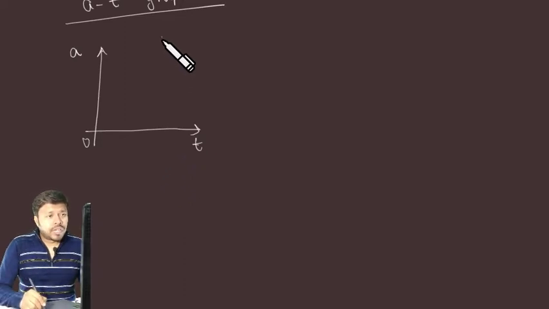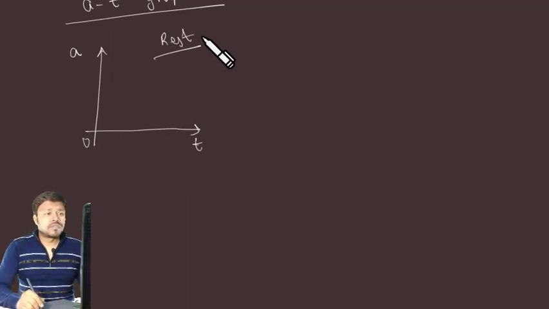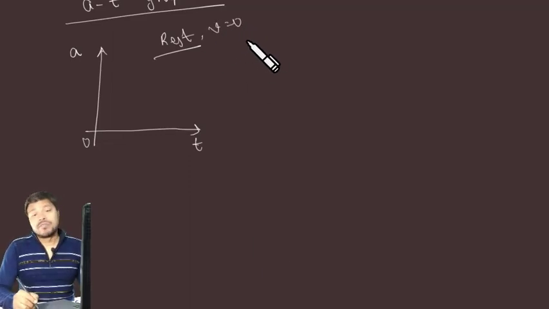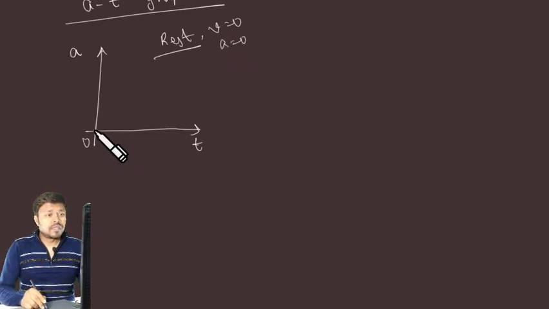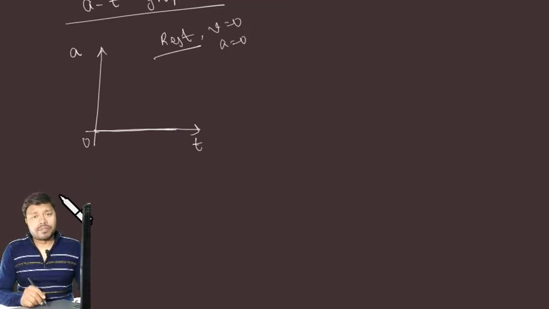For the body at rest, what is its acceleration? Of course, when the body is at rest, v equals to 0. When v equals to 0, a equals to also 0, means again the straight line through the t-axis.